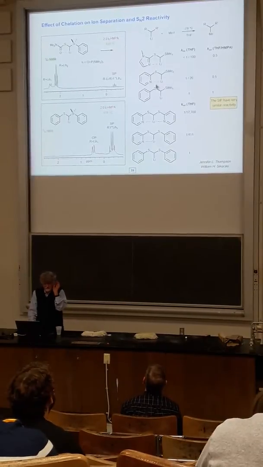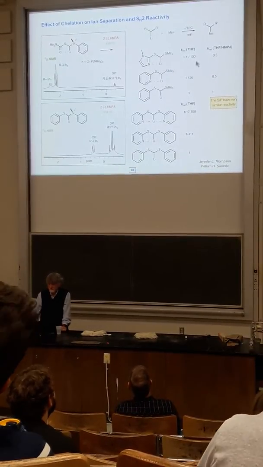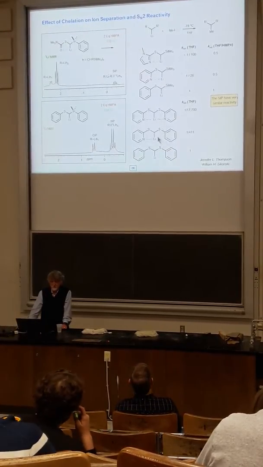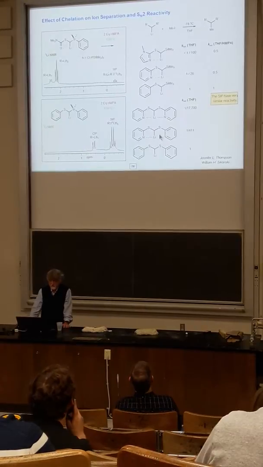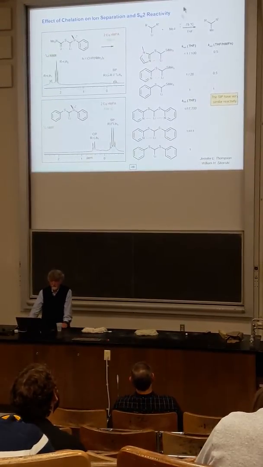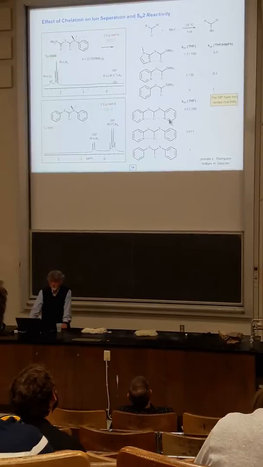So here are some experiments that point the way. We looked at simply the rate of reaction of these various lithium reagents with, say, methyl iodide in this case. And you might remember that it's progressively harder to separate the lithium from the carbon as we have chelated groups.